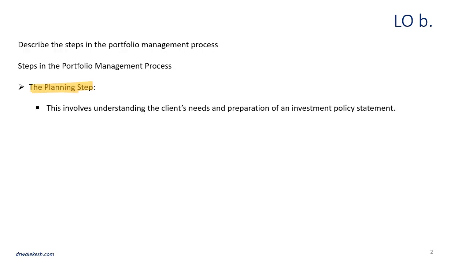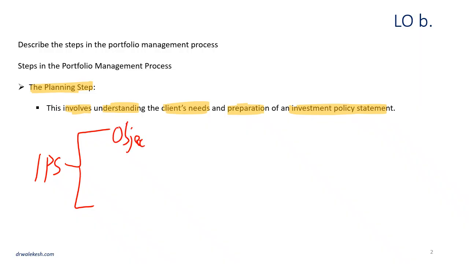The planning step involves understanding the client's needs and the preparation of the investment policy statement. For short, the investment policy statement is typically referred to as IPS. In the IPS, the objective of the client will have to be stated.